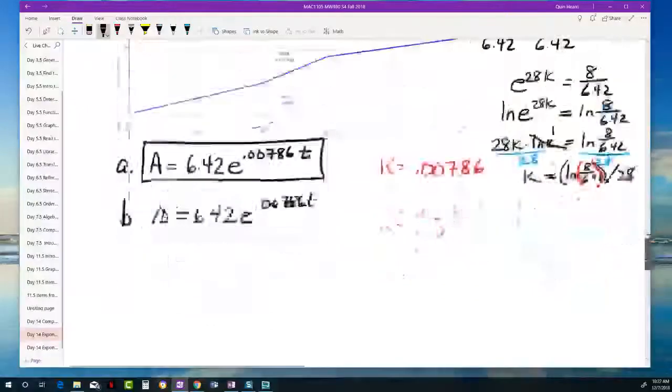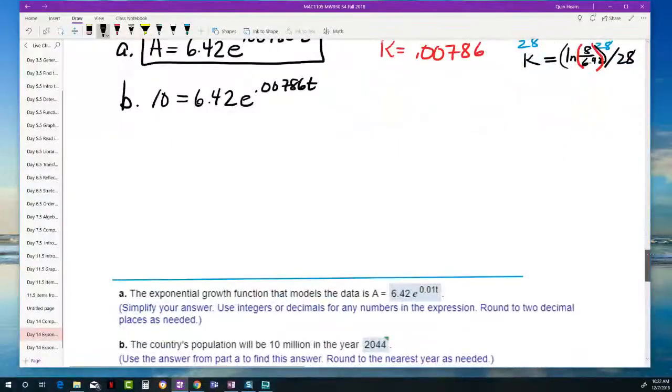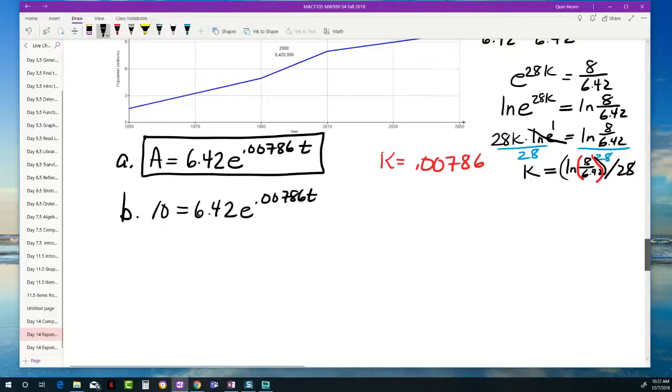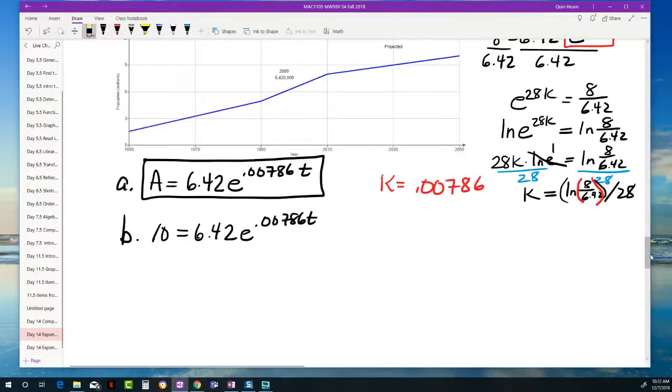And actually, in my math lab they wanted you to round off to just 2 decimal places, so let's do that here. We would round off to 0.01 t, just so we get the same numbers.